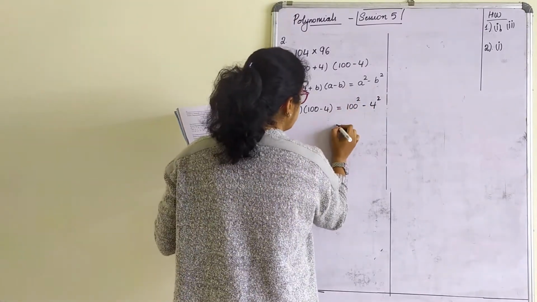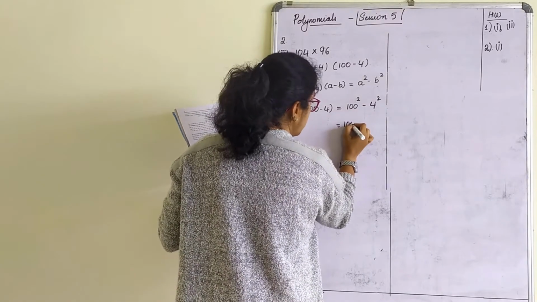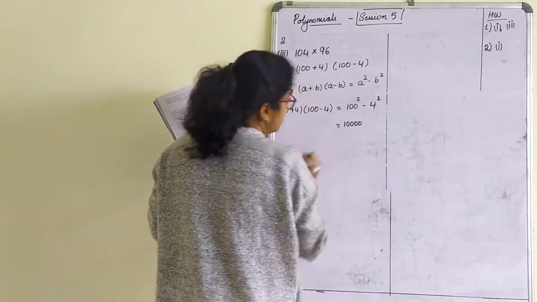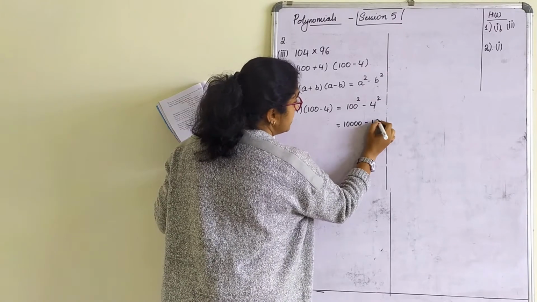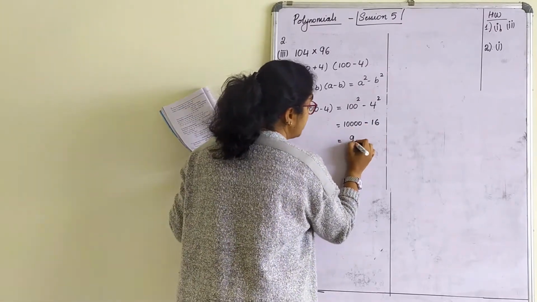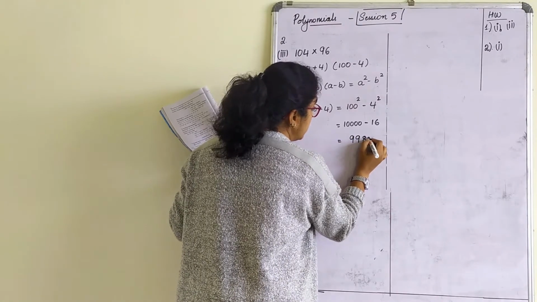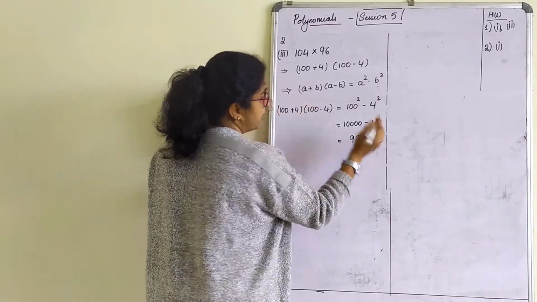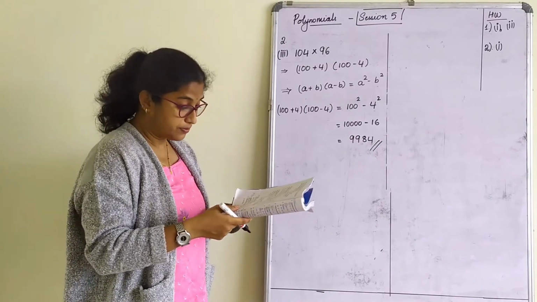That is nothing but 100 square, double zero, so 4 zeros, minus 16. So 10,000 minus 16, you will get it as 9984. So this is the answer.